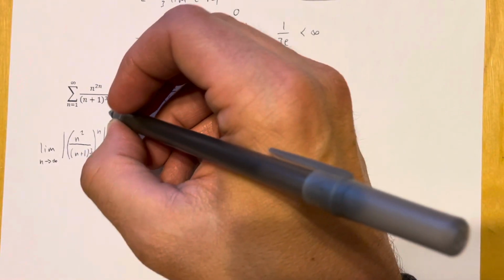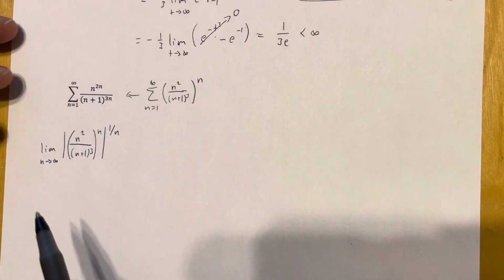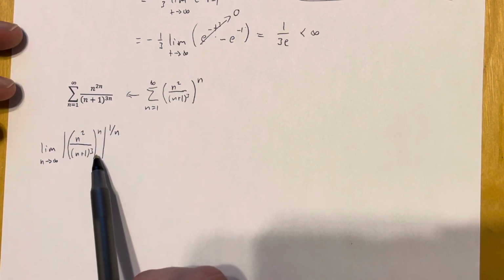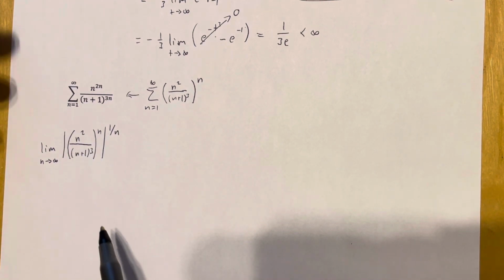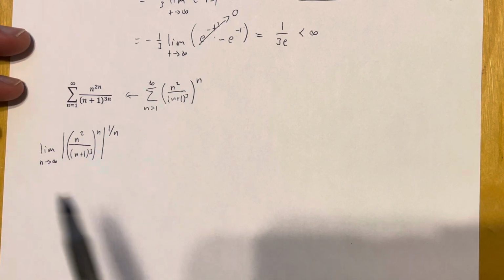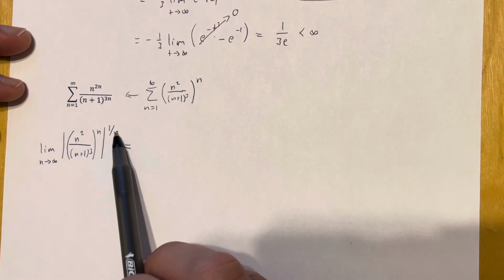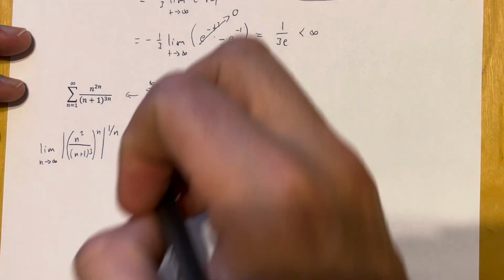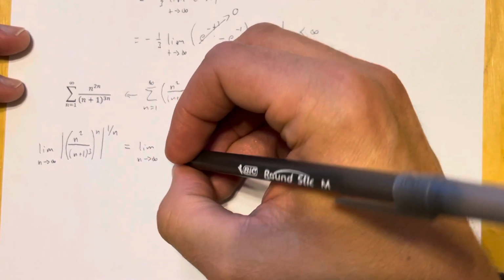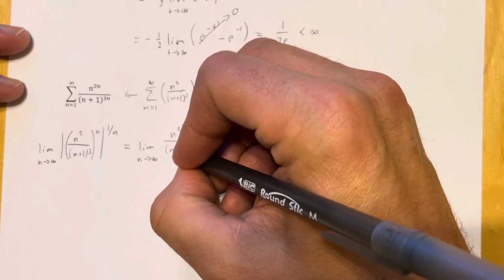Then I'm taking an nth root of this because it's the root test. Now technically that n is inside these absolute value bars, but since n only takes on positive integer values, the thing in here will only ever be positive anyway. So the absolute value is unnecessary. We can get rid of it, and that opens this n and this 1 over n up to multiply together and cancel out. So I end up with this limit as n goes to infinity of n squared over n plus 1 cubed.